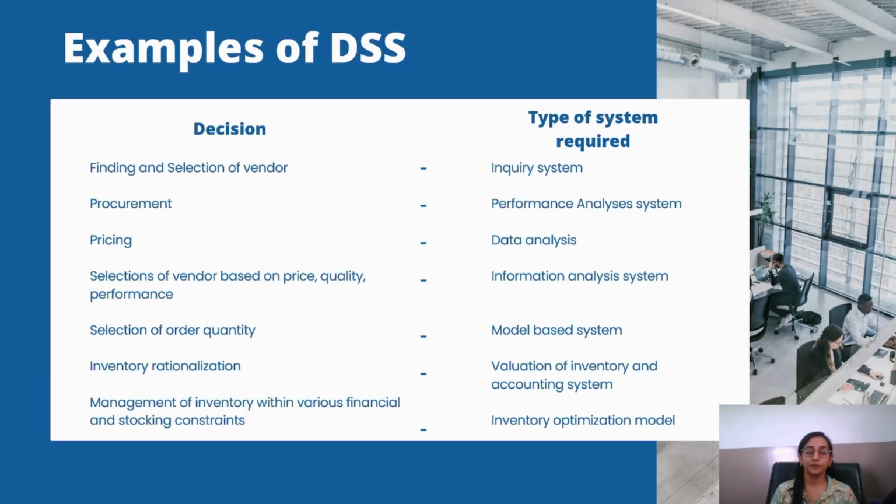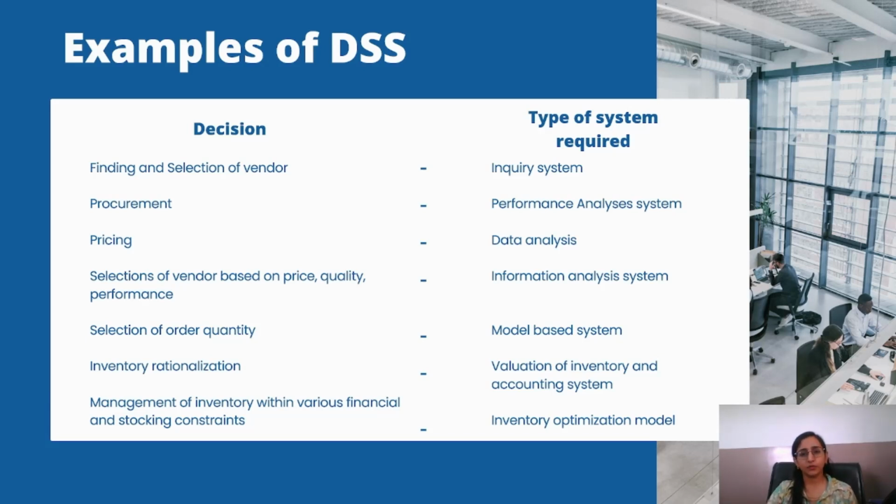Next, we have pricing. To analyze pricing information and make informed decisions, a data analysis system is required. Another point is selection of vendor based on price, quality, and performance. This decision requires an information analysis system to compare and evaluate vendors based on multiple criteria such as price, quality, and performance. Next, we have selection of order quantity.